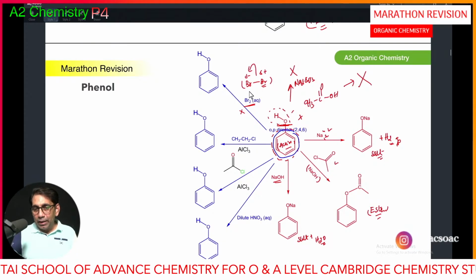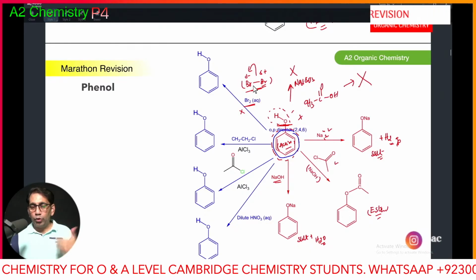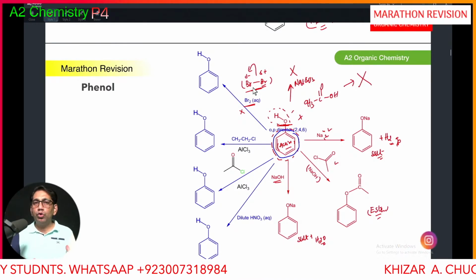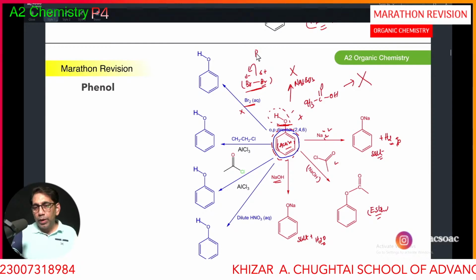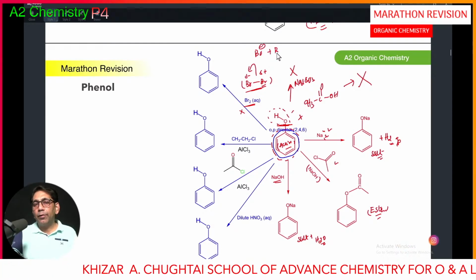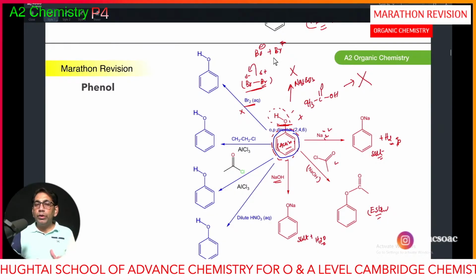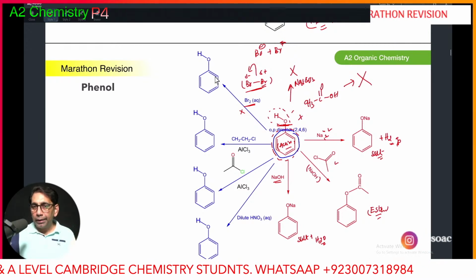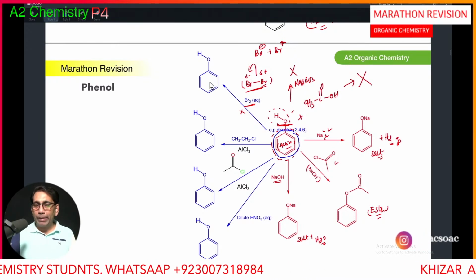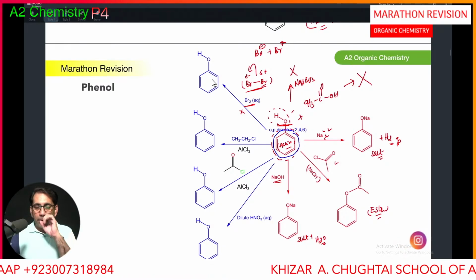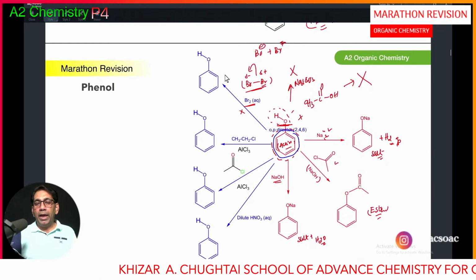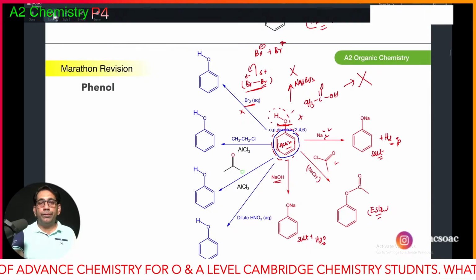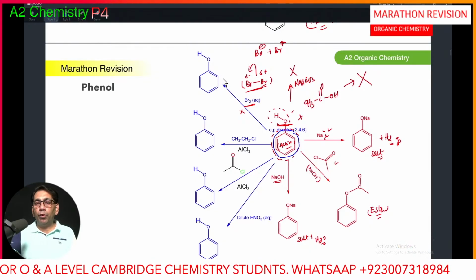Once again, this Br2 will break into two pieces: one piece will be Br negative, the other Br positive. You know that the benzene ring is attracted to positive ions only because it is an electron-rich center, so it will attract the Br positive ion. In this way, there is the formation of the Br group over here.